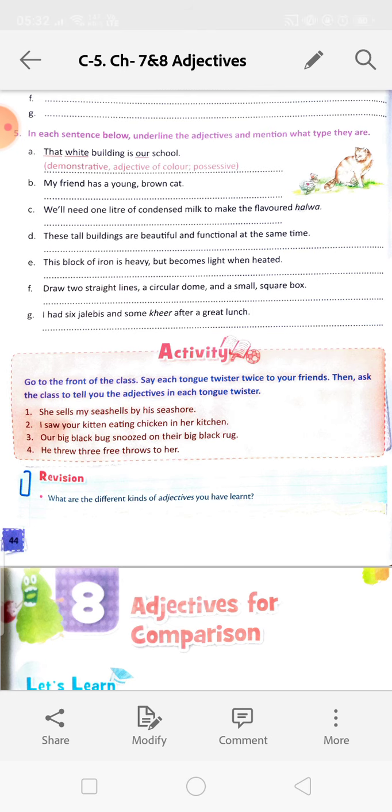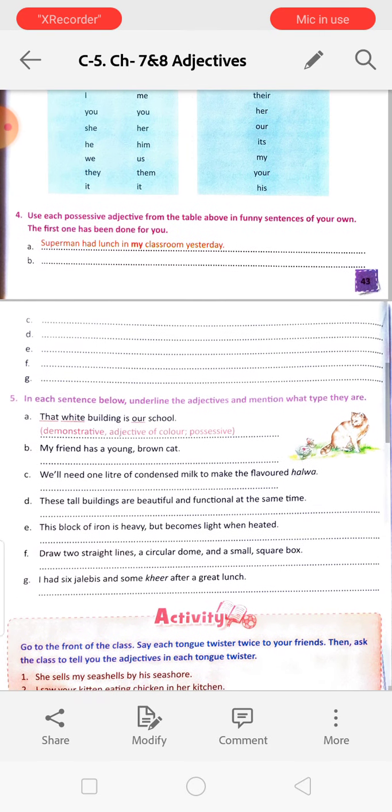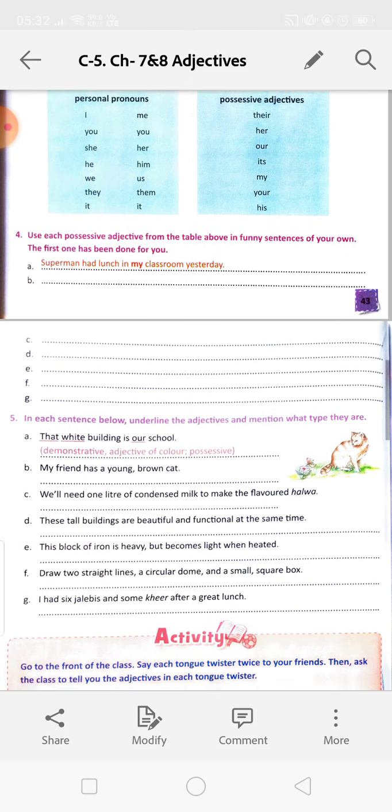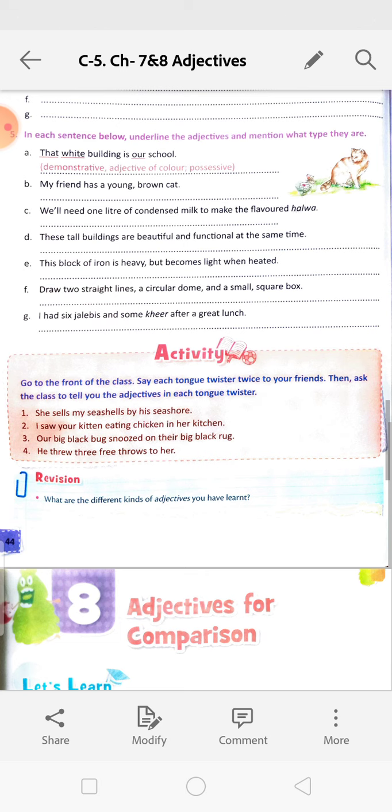My is the possessive one. Young is the age, and brown is the adjective of color. Like this you have to write.